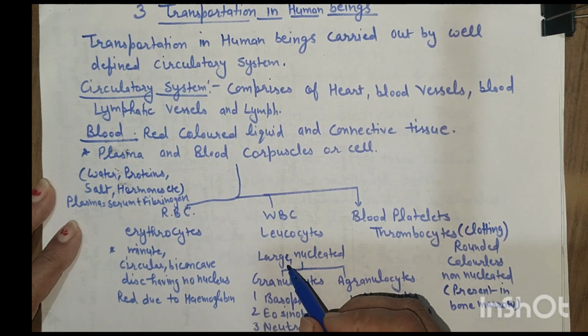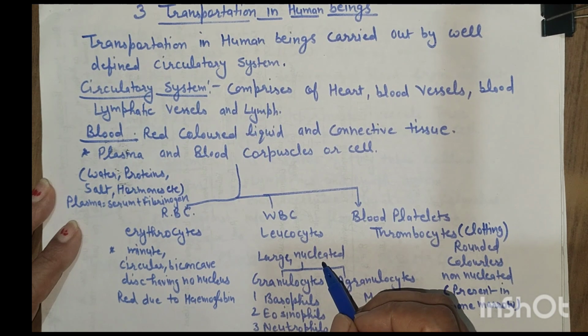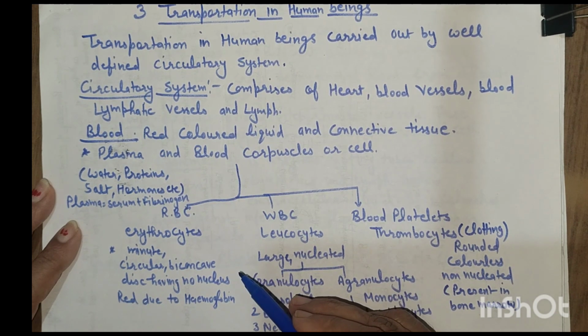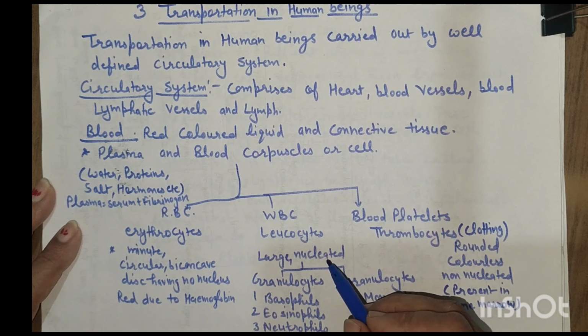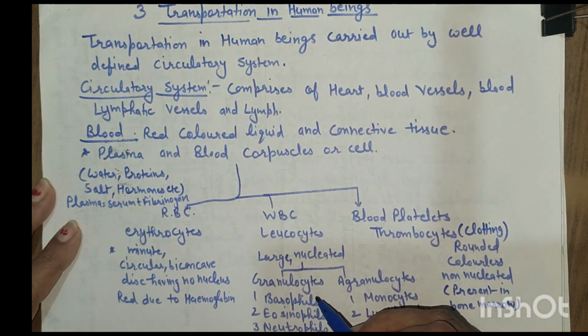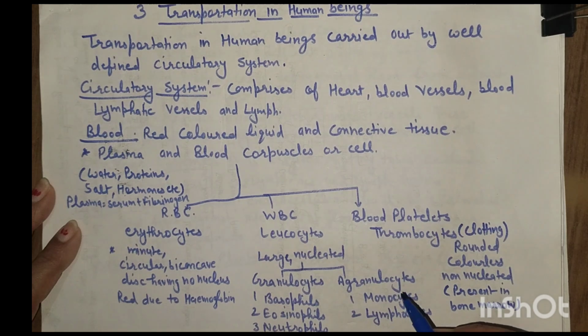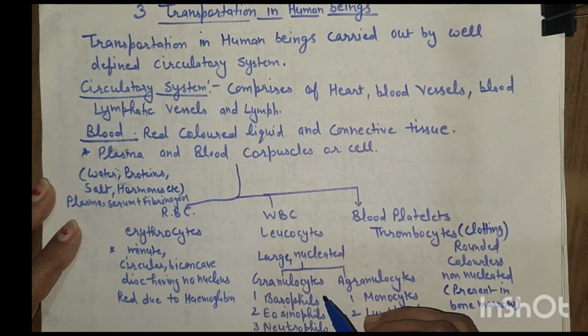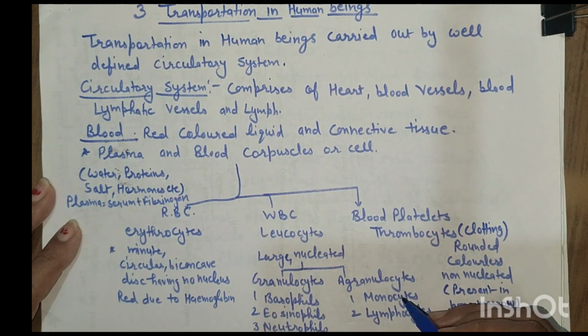These are larger than the RBC. These are nucleated, but RBC are non-nucleated. They are of two further types, granulocytes and agranulocytes. Granulocytes are basophils, eosinophils, neutrophils. Agranulocytes are of two further types, monocytes and lymphocytes.